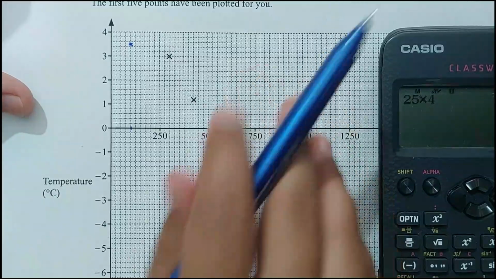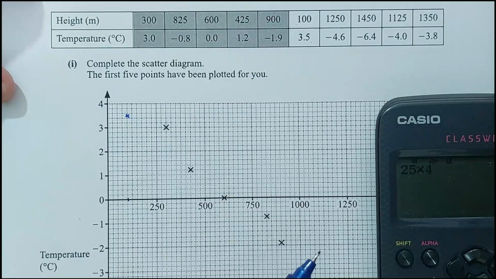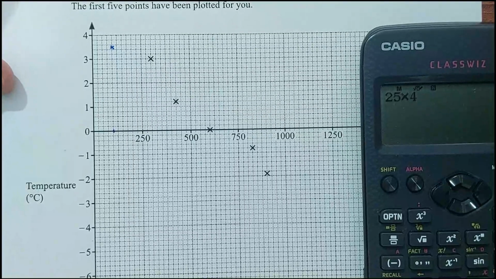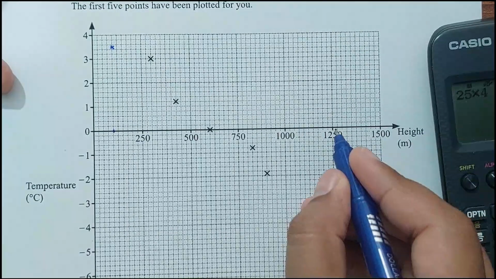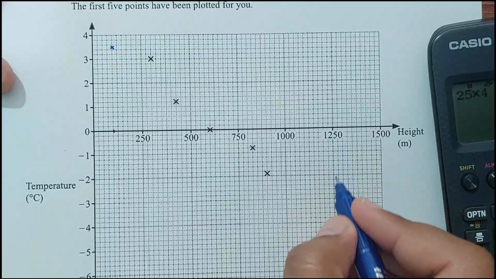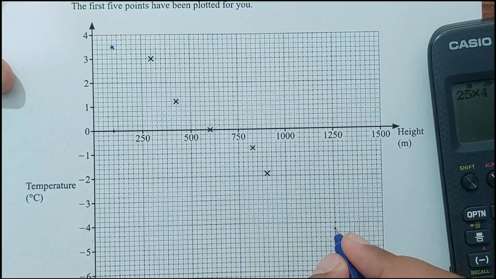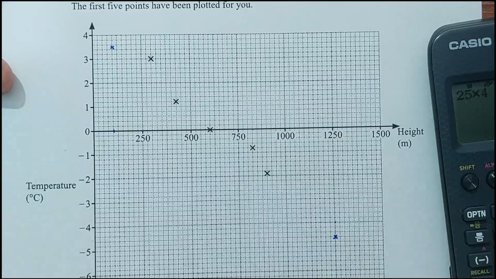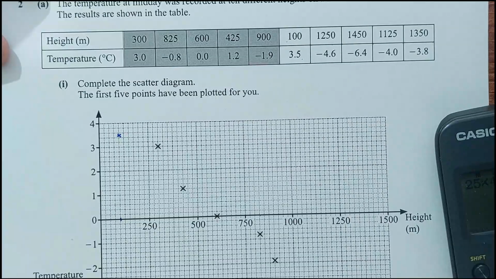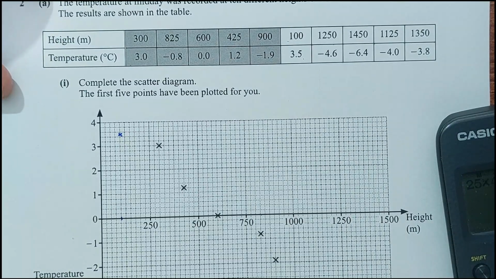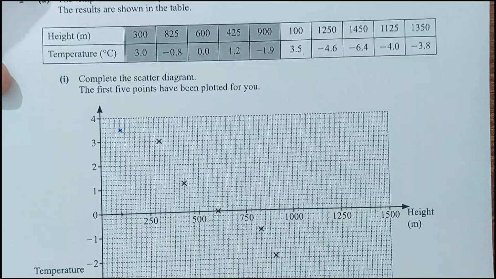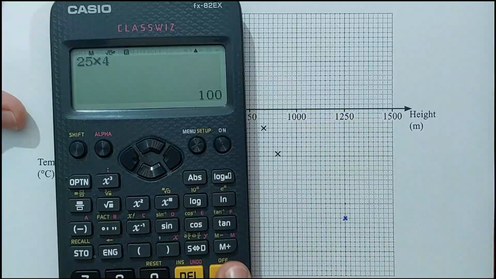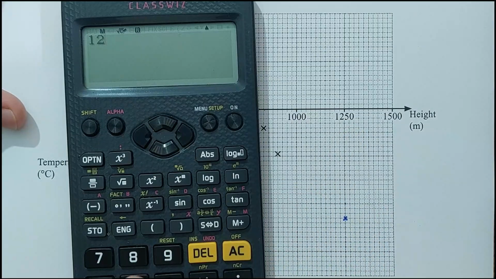The next is when the height is 1250, the temperature is negative 4.6. This is negative 4, negative 4.2, 4 and 6. Next is 1450, negative 6.4.